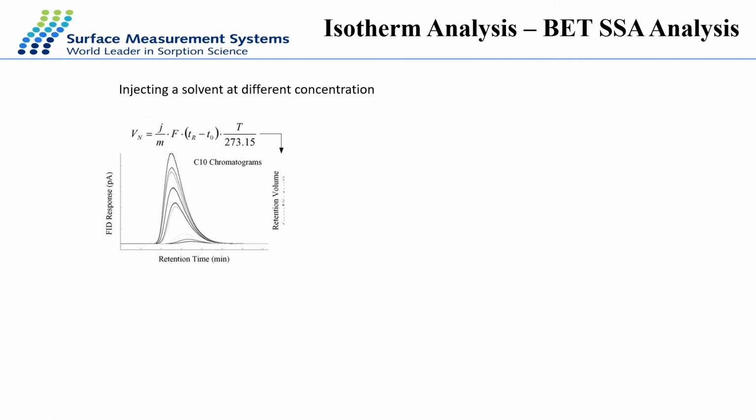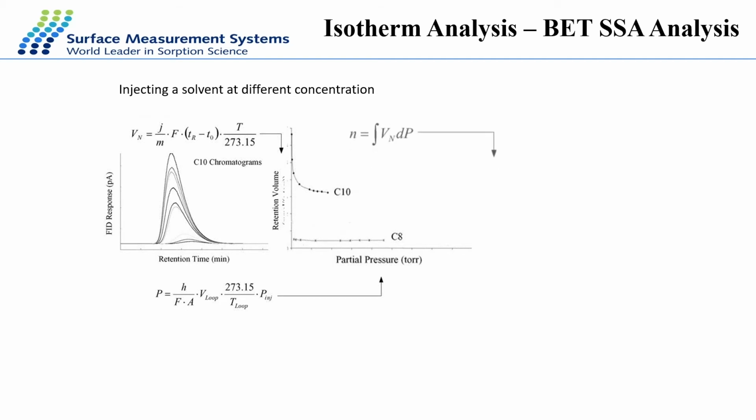So to measure an adsorption isotherm with the IGC technique, you have to inject a solvent at different concentrations. Once you have injected the selected adsorptive, for example octane, at different concentrations, you can determine the partial pressure and the retention volume from the series of injections.